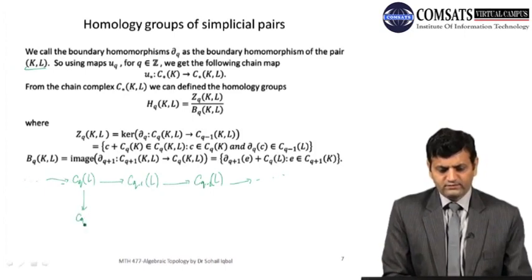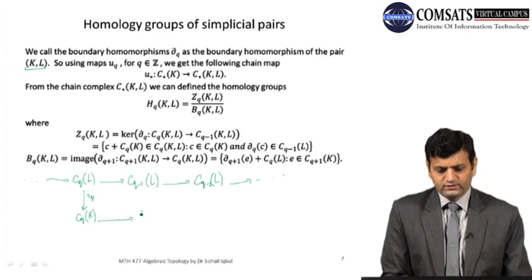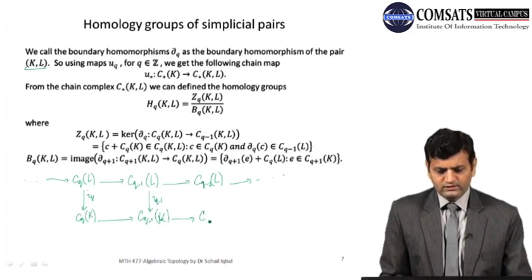Then we proved that we can define inclusion homomorphisms from C_q L to C_q K, and similarly from C_{q-1} L to C_{q-1} K, and this is named i_{q-1}, and similarly C_{q-2} K, named i_{q-2}, and so on.